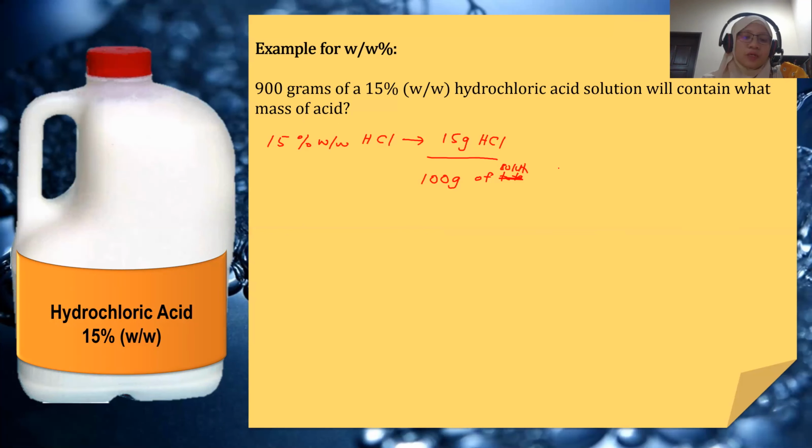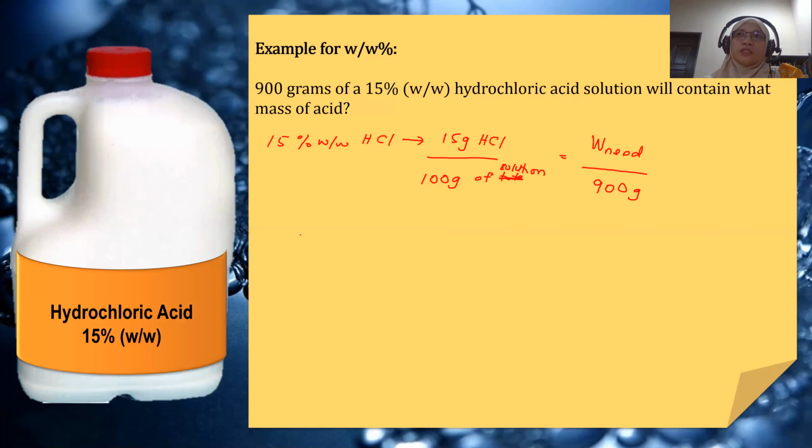All right. So here we need to set up the proportion to calculate the amount needed. So the amount needed is in weight, divided by the total weight of solution that we need, 900 gram.